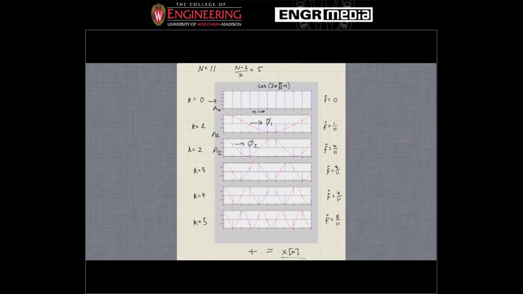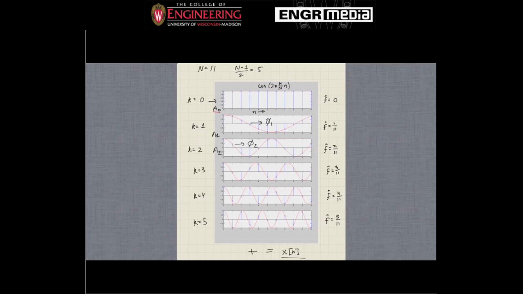What the DFT is doing is taking each one of these sinusoids, weighting it by some amplitude A, giving it some phase shift, and then adding all of these together to give you x of n.